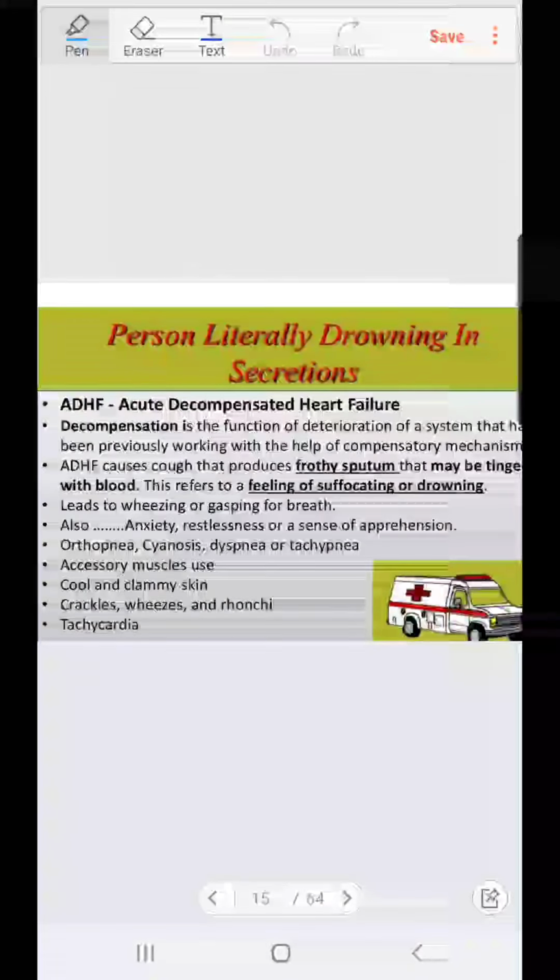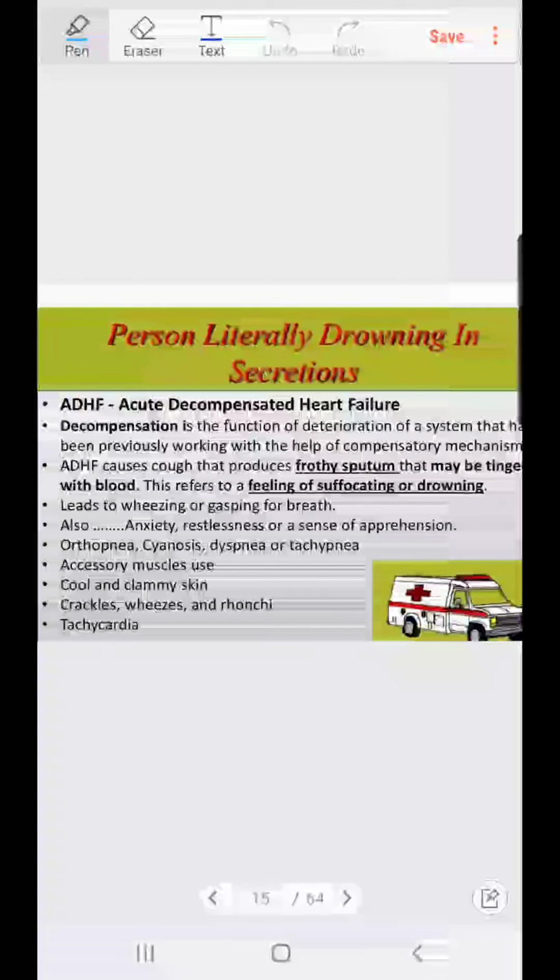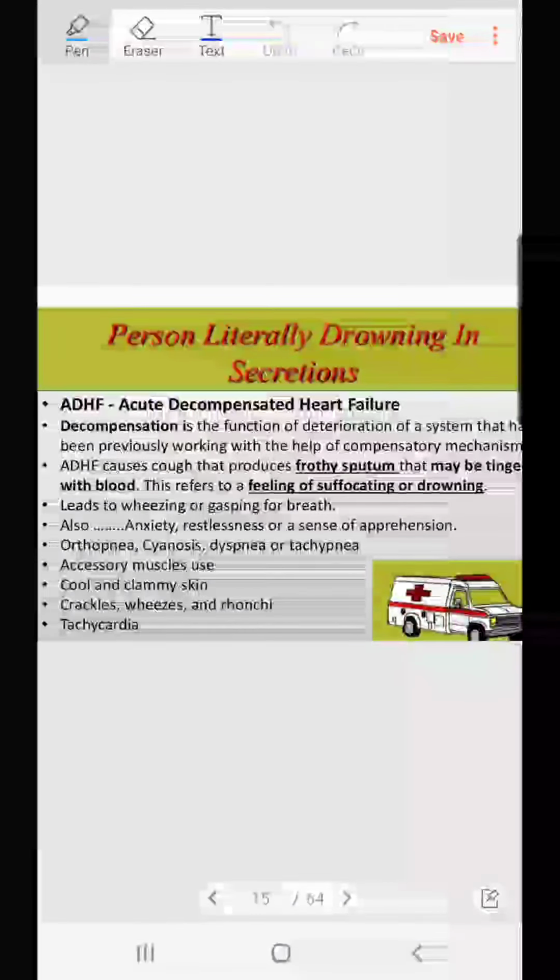This is again the definition of acute decompensated heart failure. It is the functional deterioration of a system that had been previously working with the help of compensatory mechanisms. ADHF causes cough that produces frothy sputum that may be tinged with blood.